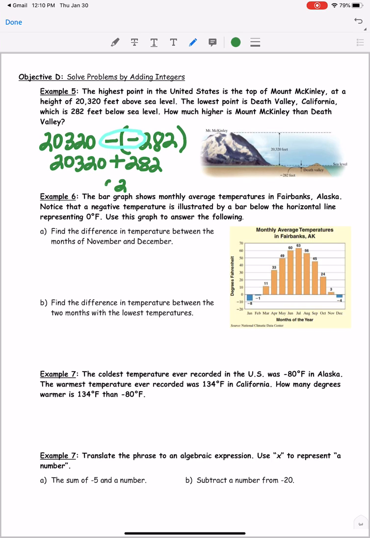So the 0 comes down, carry the 1. 2 and 3 makes 5, and then that 1 we carried is 6. 0 and nothing, and 2 and nothing, so that 20 just comes over.